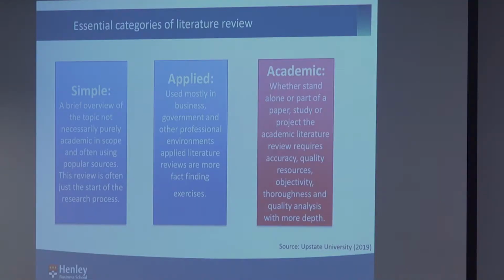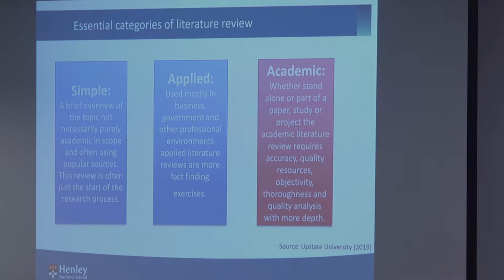Another very important thing that you need to remember when you are doing your literature review in either your PG DIP or your MBA is that we are aiming for this red block, the academic type of literature review. So if we start on the left-hand side, a simple literature review is a brief overview of the topic, not necessarily purely academic in scope, and often using popular sources.